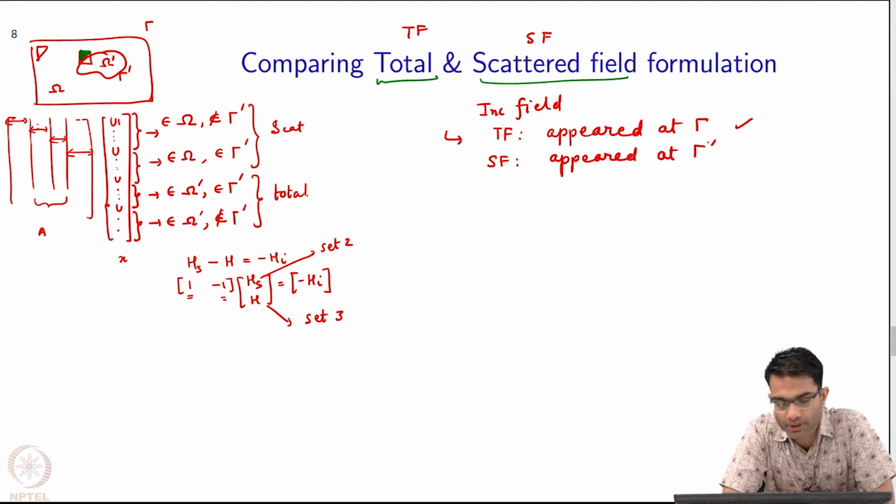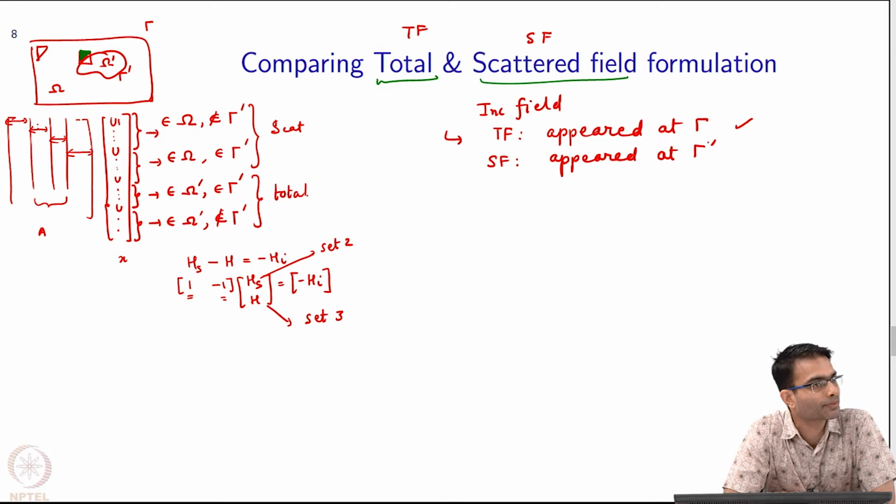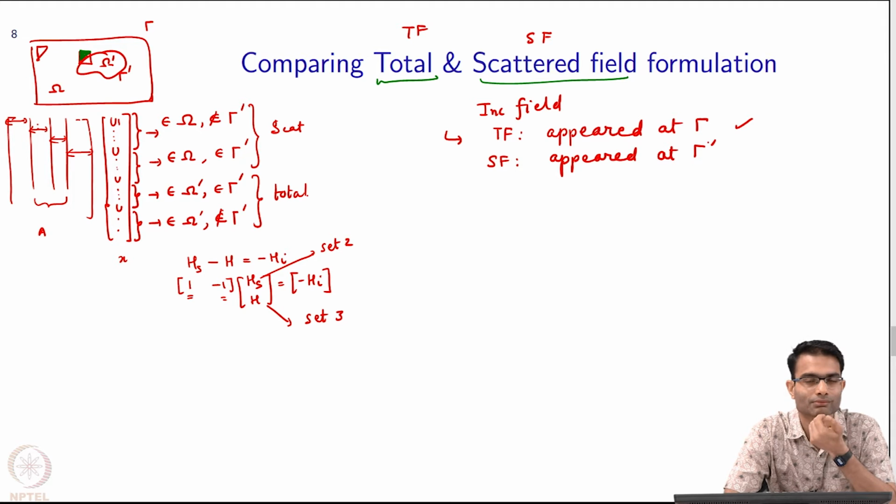Okay, so do you think that this is a big or significant difference in where the incident field is being introduced into the formulation? At gamma prime, we will have a lower number of edges. So what? Counting the number of non-zero entries in B does not really tell us anything. Is there something else that is happening?